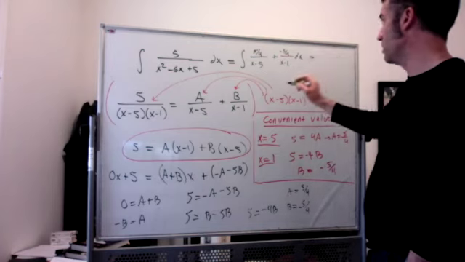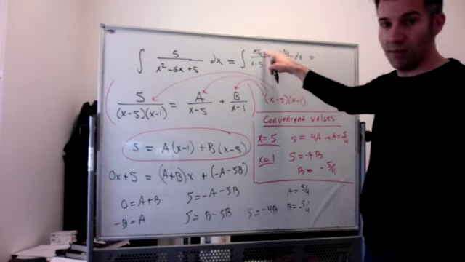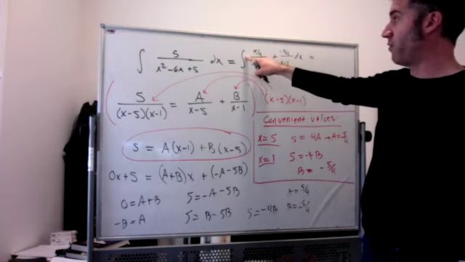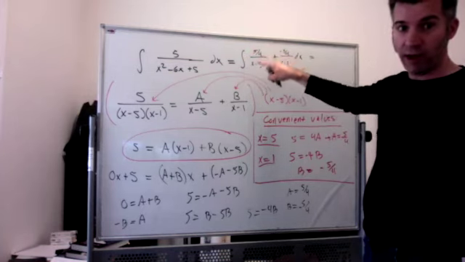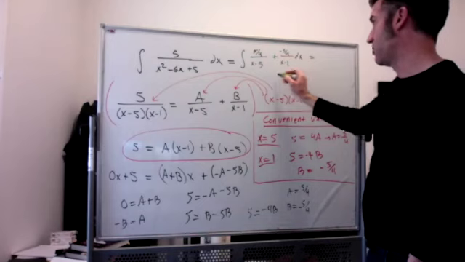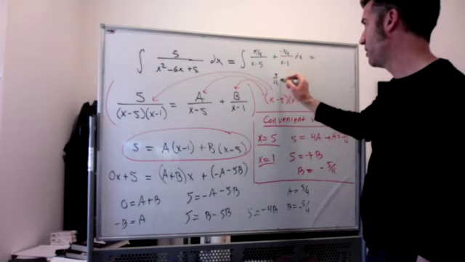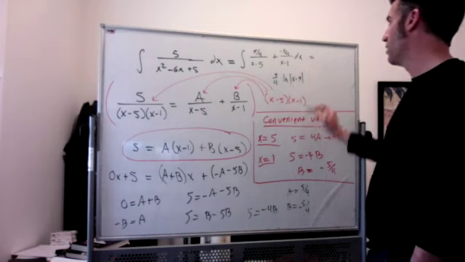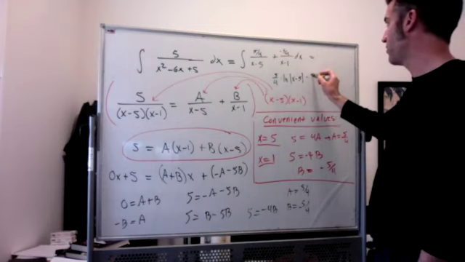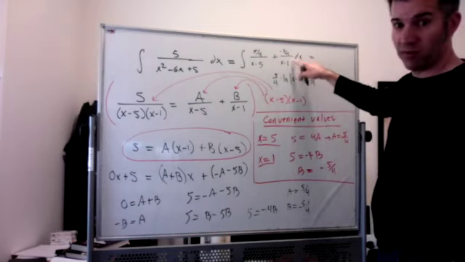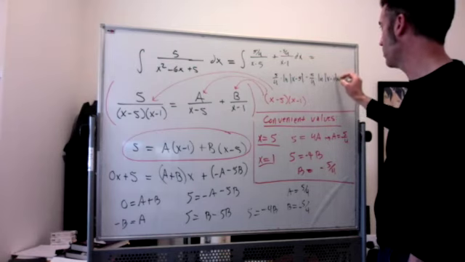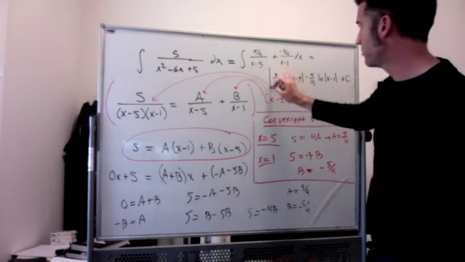Sorry, I'm almost out of room here. The 5/4 coefficient, I just ignore. I'm thinking of this as 5/4 times 1 over x minus 5. The antiderivative is 5/4 times the natural log of the absolute value of x minus 5. And then the minus 5/4 times the antiderivative of 1 over x minus 1, which is the natural log of the absolute value of x minus 1, plus c.